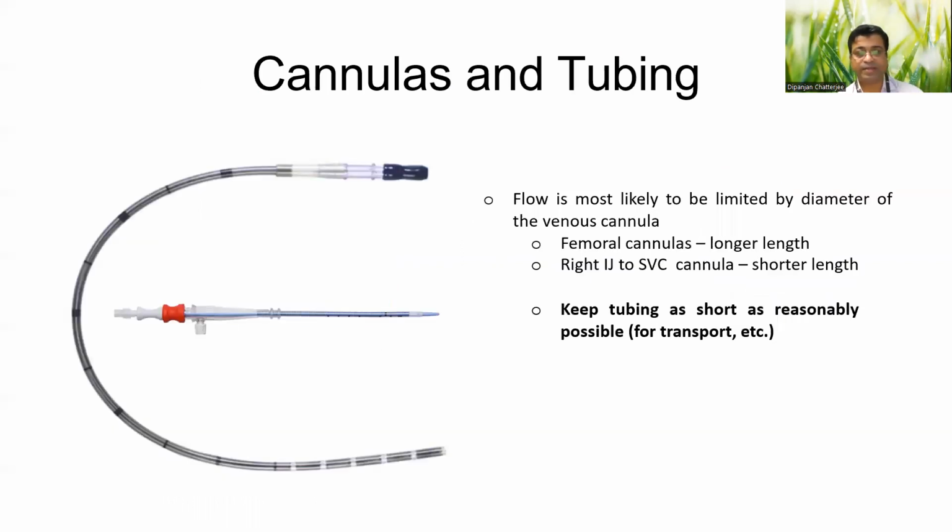And you can see that the length of the circuit is also very important. As we increase the length, the resistance increases. So the venous cannulas, the drainage cannulas, are usually long cannulas, and the sizes of the venous cannulas have to be chosen properly to have the best flow for the patient.